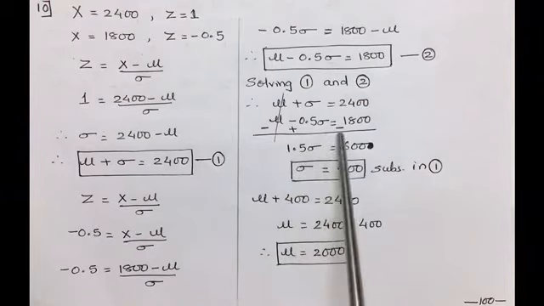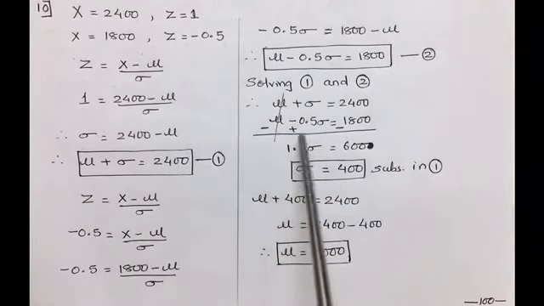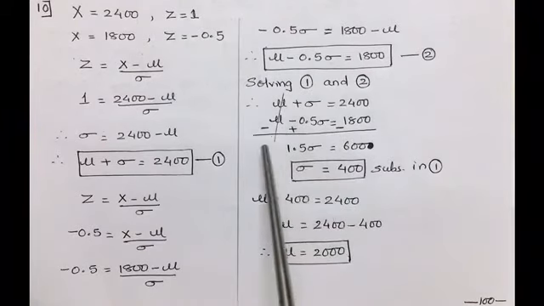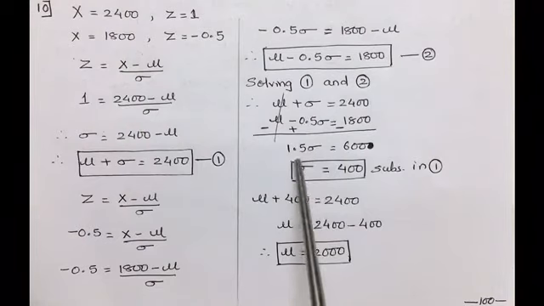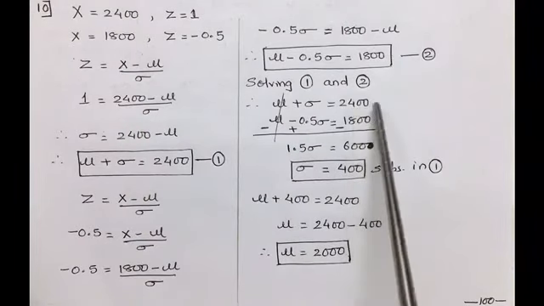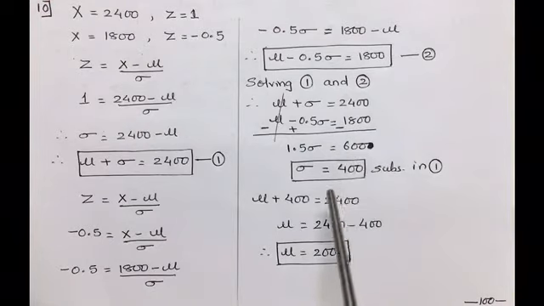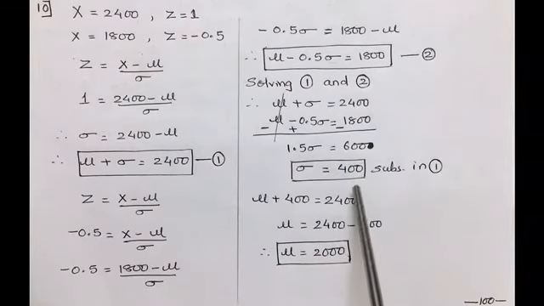Changing the sign for the elimination of mu, minus, plus and minus, mu gets cancelled. 1 plus 0.5 gives 1.5 sigma. 2400 minus 1800 is 600. So calculating sigma by shifting 1.5 the other side, we get 400 as the value of sigma.